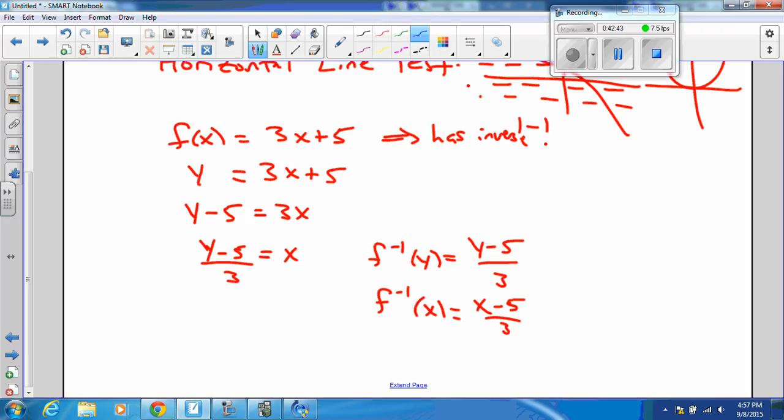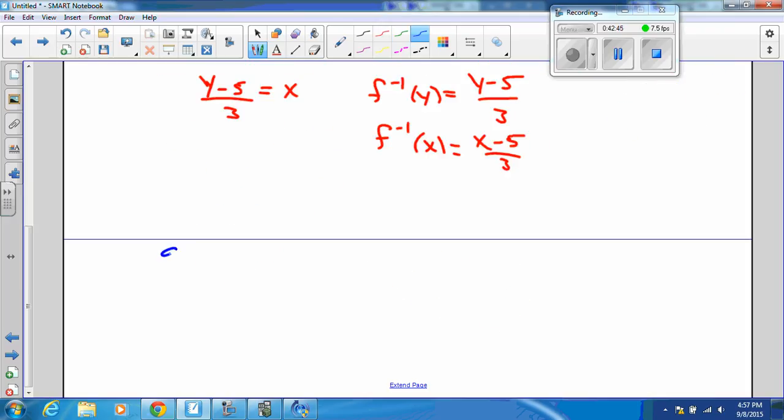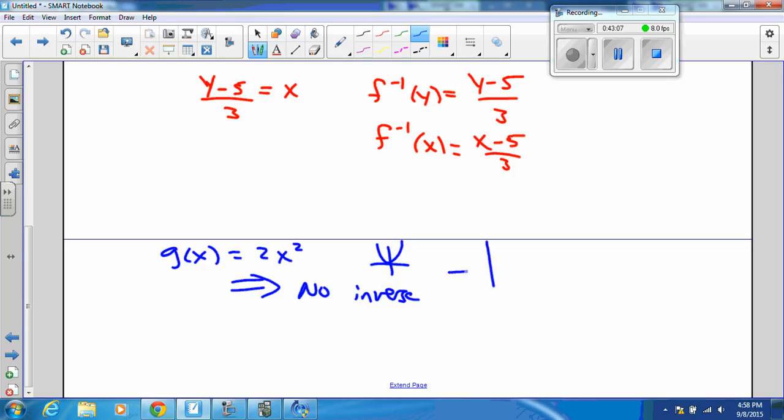What about g? G of x is equal to 2x squared. And I can visualize that pretty quickly in my mind as a parabola. It is not 1-to-1, therefore there is no inverse. You say, wait, well, what about the square root? Yeah? The square root would be the inverse if x's were only positive or non-negative, because then my graph would look like this.